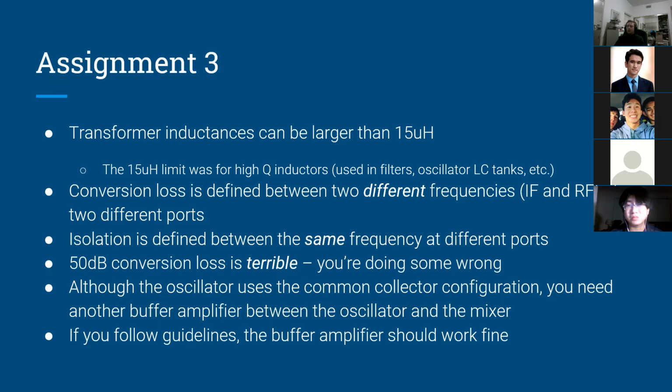And so we were converting up from 1 megahertz to 27 megahertz. And so the LO is 28 megahertz. So the difference is 27 megahertz, the sum frequency is 29 megahertz. And because 29 megahertz is not the frequency of interest, 27 is, conversion loss is defined between the frequency that we want and the input frequency. Oh, gotcha. Right.